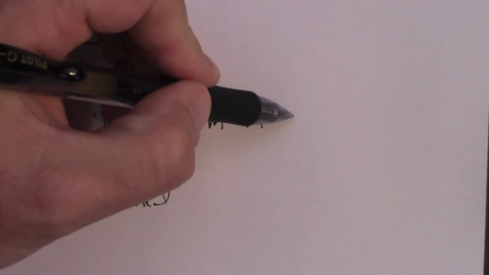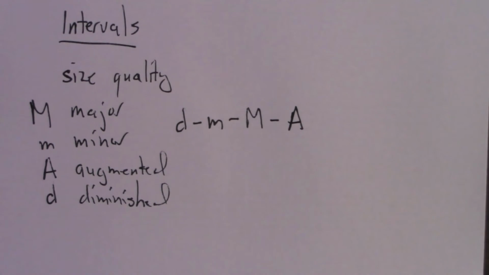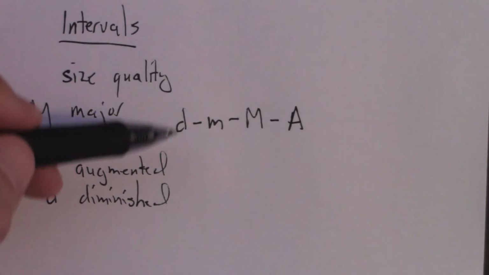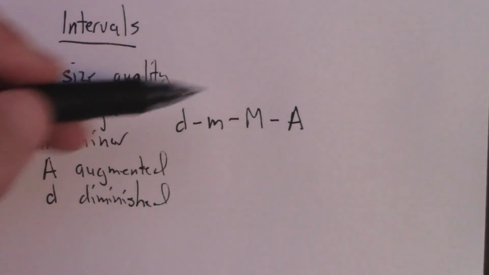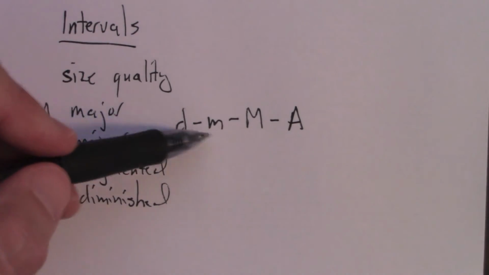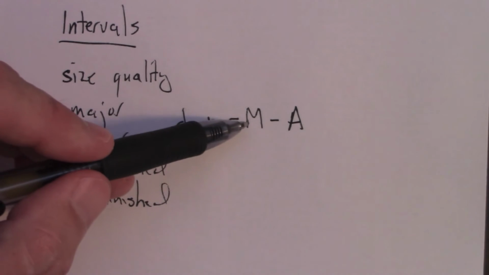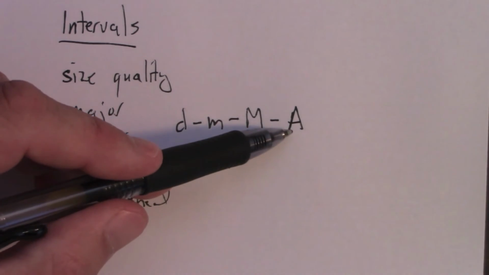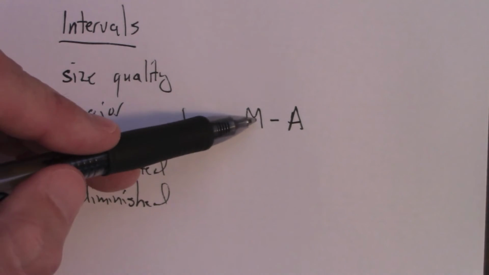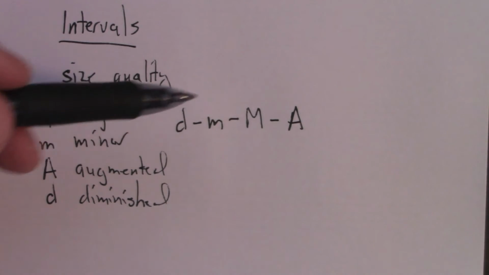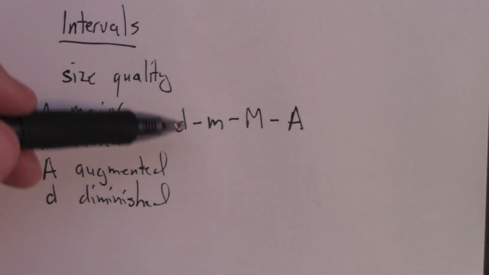You make it bigger. You make it augmented. Okay. Diminished, minor, major, augmented. Memorize this. If you take a major interval and add a half step, it's augmented. Major interval, take away, it becomes minor. Most of the time.